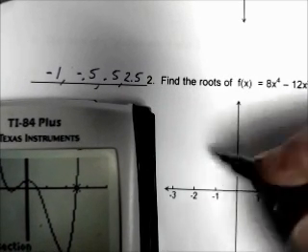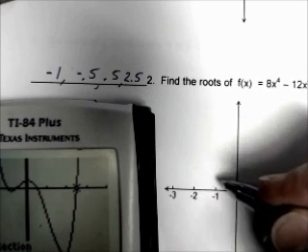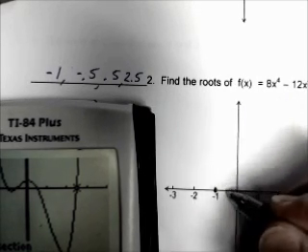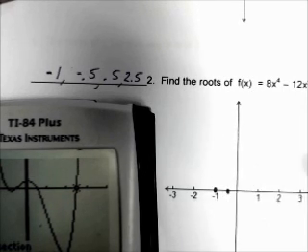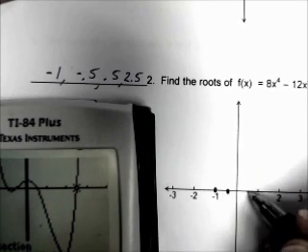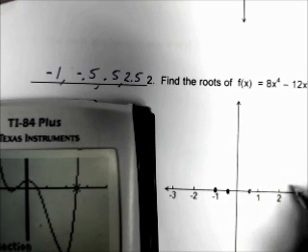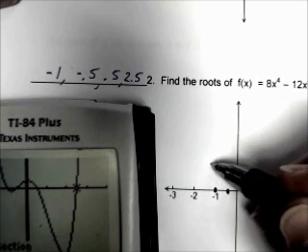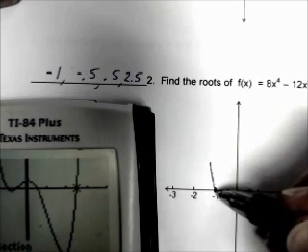All right, so let me mark the zeros. -1, -1/2, 1/2, and 2.5. So let's mark the 4 points first, and now sketch the graph.